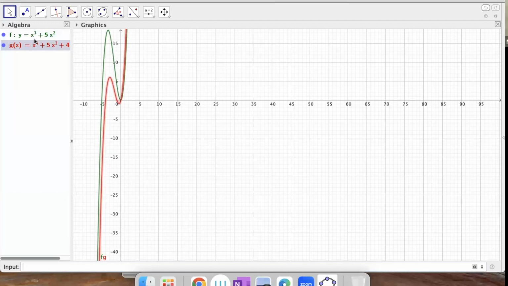So see, when it was x cube, it is simply passing through the origin. When it is plus 5x square, there is an effect of x square. The graph moves upwards, and adding plus 4x, the graph shifted slightly towards left. If you compare these turning points, first it was at 0, 0. Now it is at negative x and negative y.